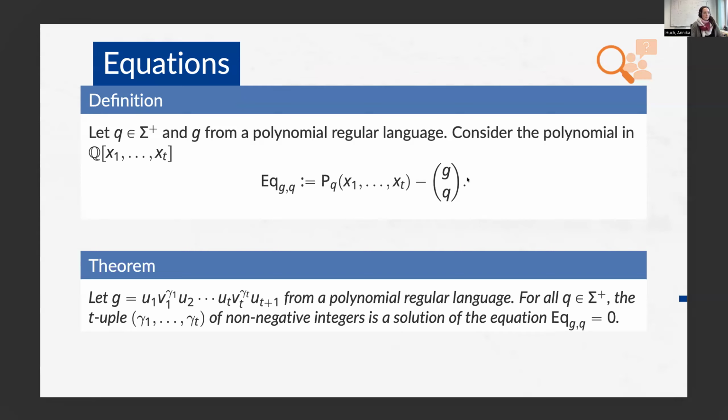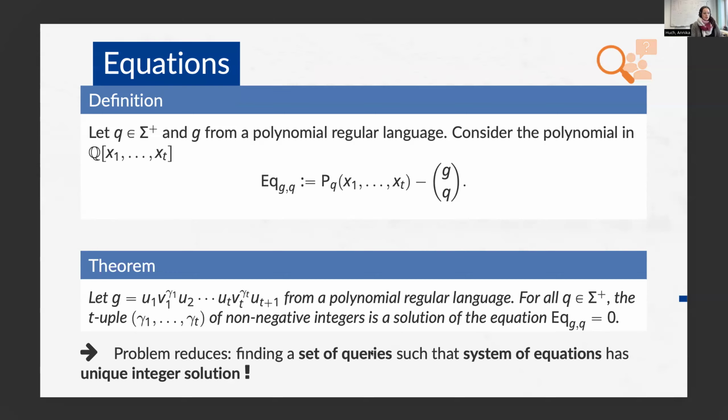Okay, so if we solve a system of polynomial equations with those equations, then we can reduce this problem to finding a set of queries such that the system of equations, which is as large as the number of queries we pose, has a unique integer solution. Then we have found the guess word again, because the integer solution would just be the exponents of the guess.